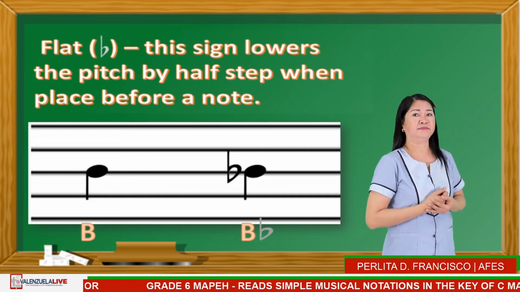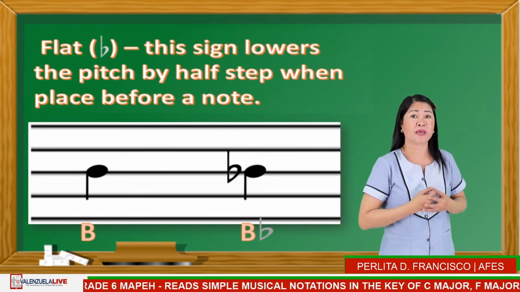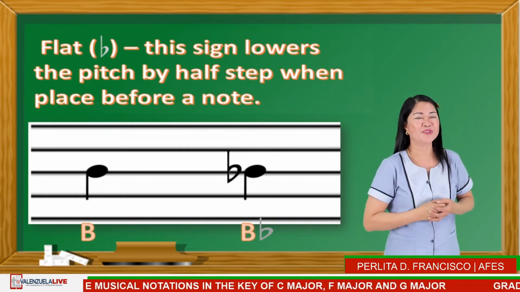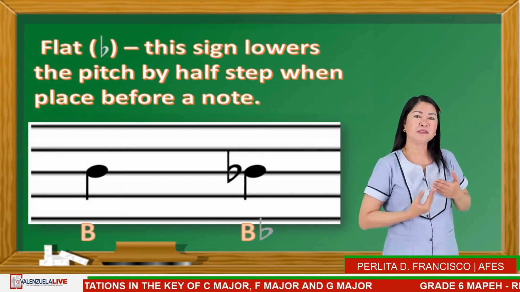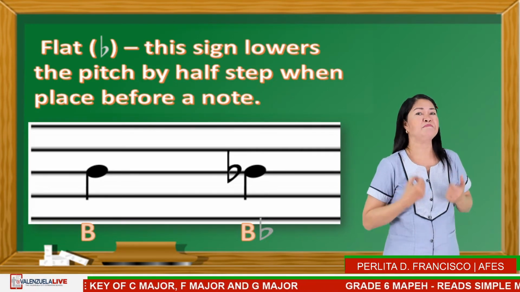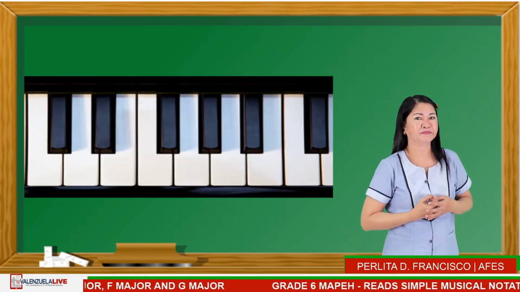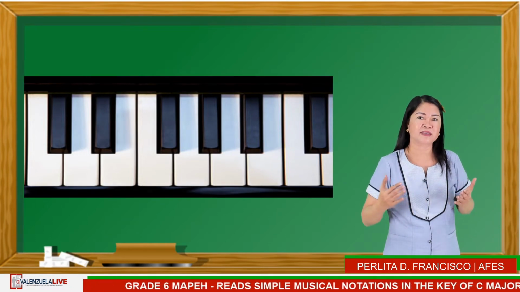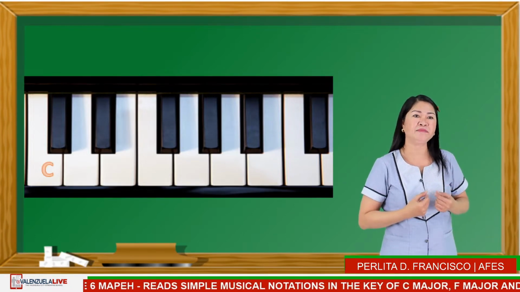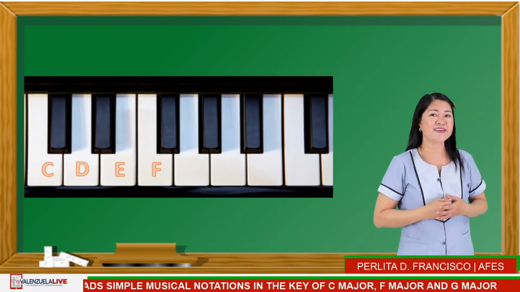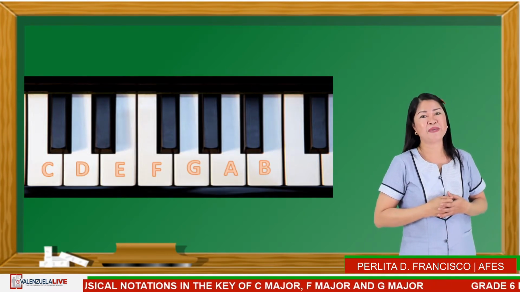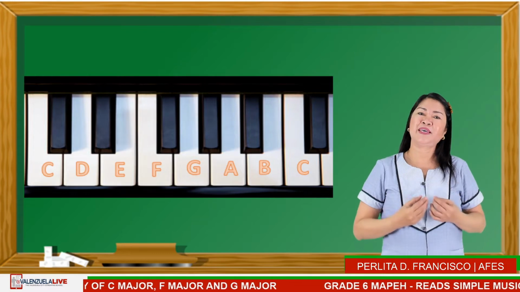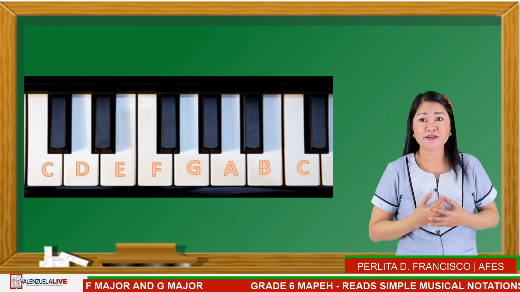Next we have flat. This sign lowers the pitch by a half step or semitone when placed before a note. For example, B, and that is B flat. So again, look at the keyboard. Again, there are white keys and black keys. The white keys are named C, D, E, F, G, A, B, and higher C. The black keys at the left side of the white keys are flats.